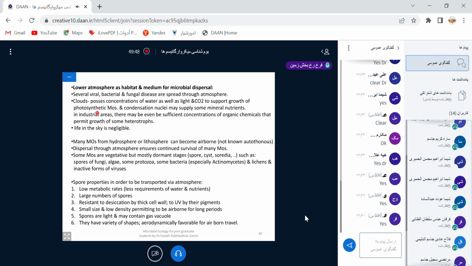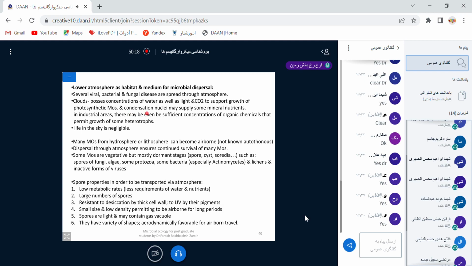But when we compare photosynthesis in the air to photosynthesis in the soil and in the water, it is not comparable. The low amount of photosynthesis in air is not comparable with photosynthesis in the soil or in the ocean.